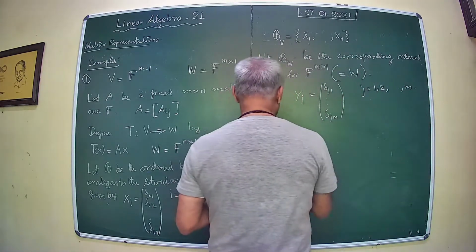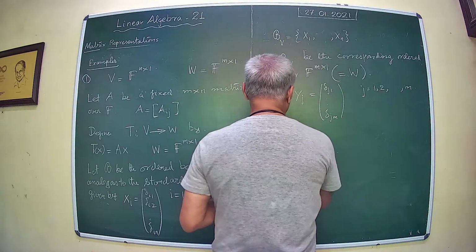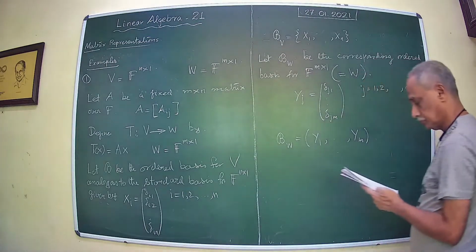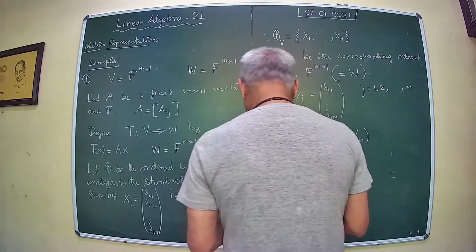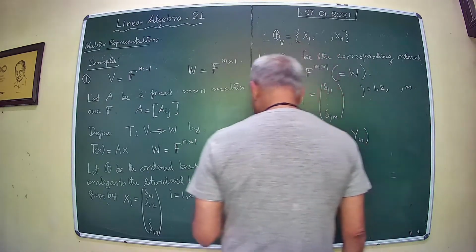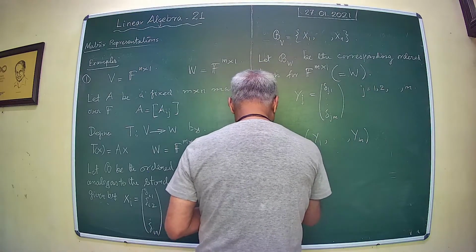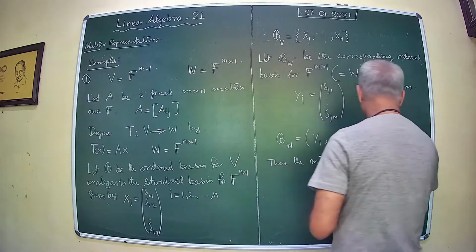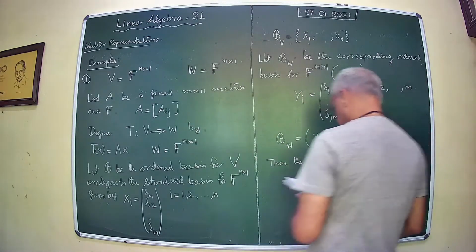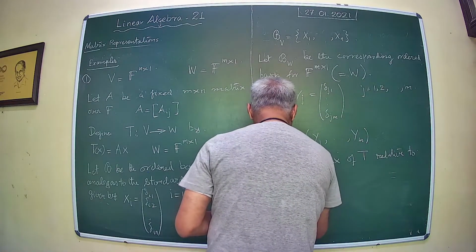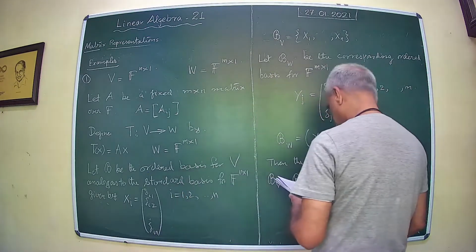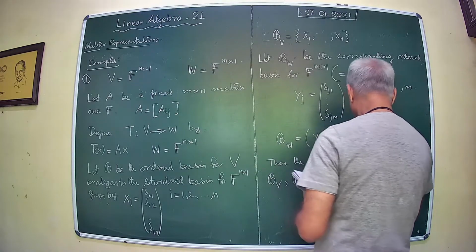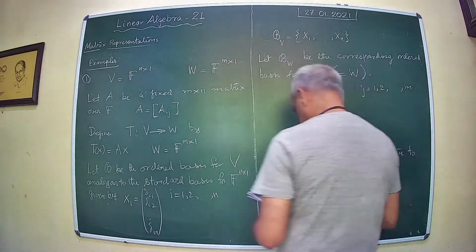Then what you have is that B_W is given by, in this case, the matrix of T relative to B_W. That's what we have.